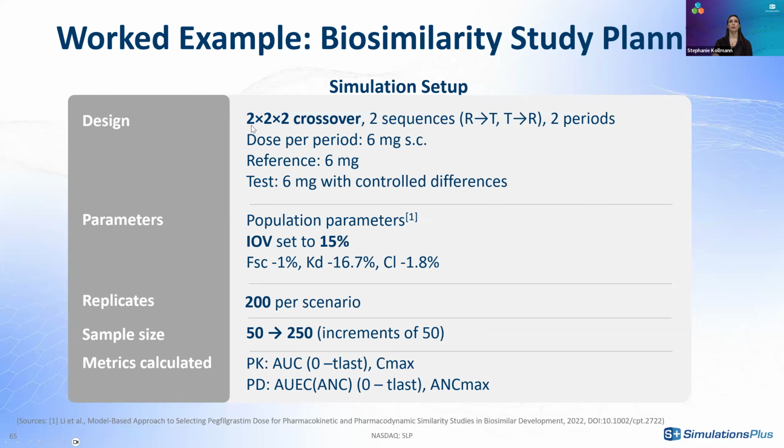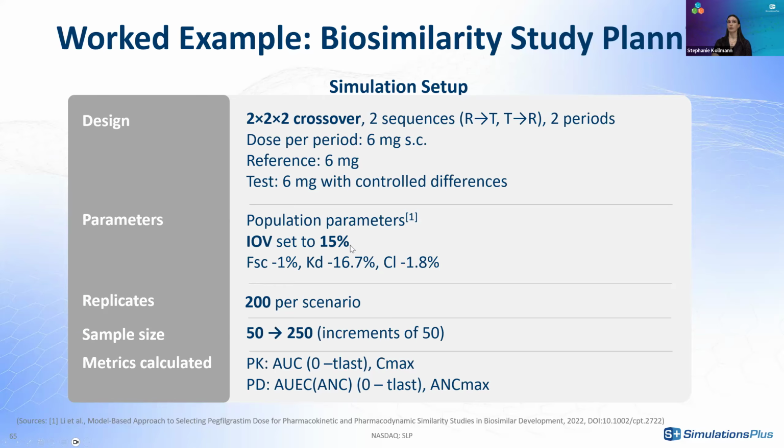So the design, again, is a 2x2x2 crossover study with sequence from reference to test and test to reference over 2 periods with a single 6 milligram subcutaneous dose per period. The test treatment now differs only through the literature-derived parameter perturbations. And now the parameter scenario is the key point of this example.